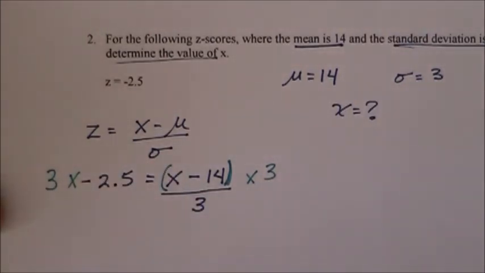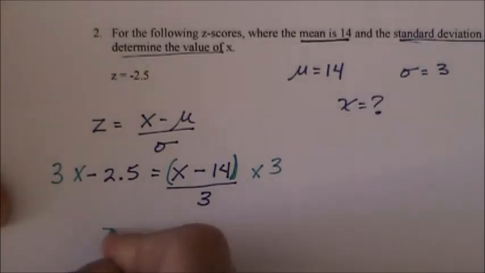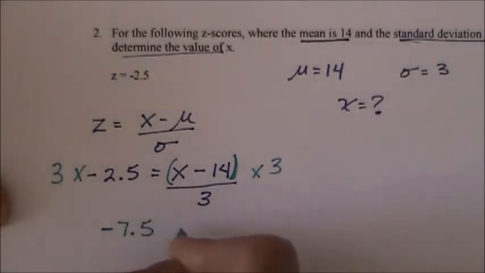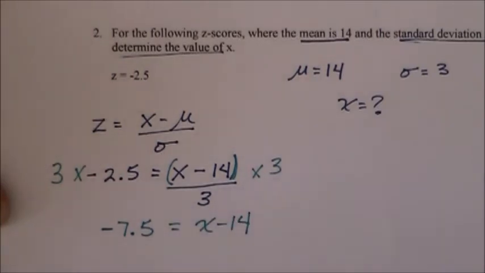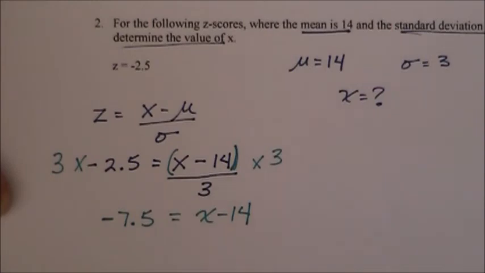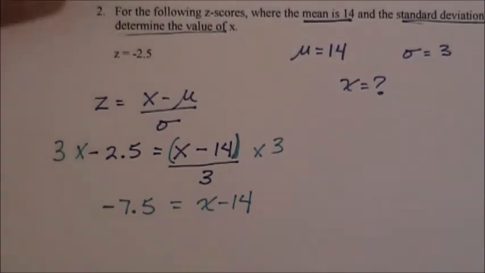As we go to do that, we get negative 7.5 is equal to x minus 14. We now have x with the 14, so we need to move that 14 away from the x.